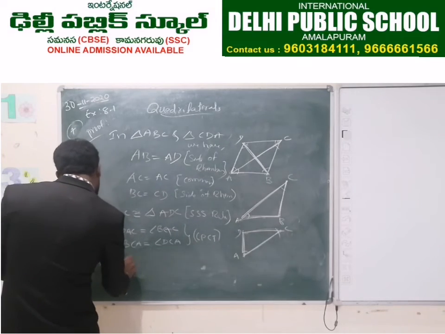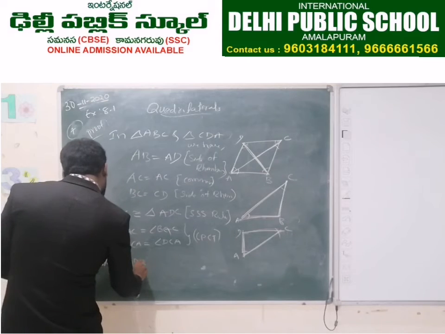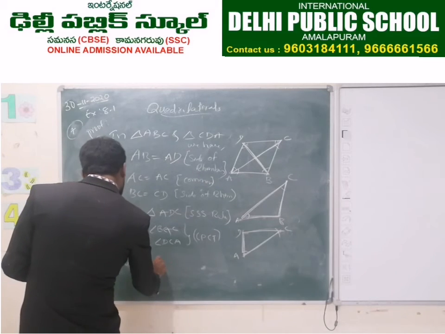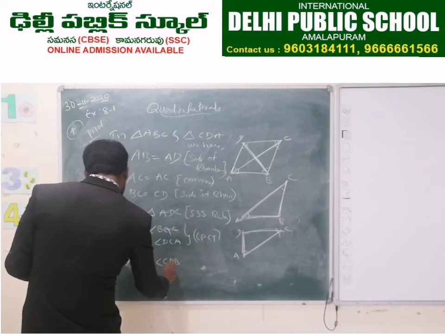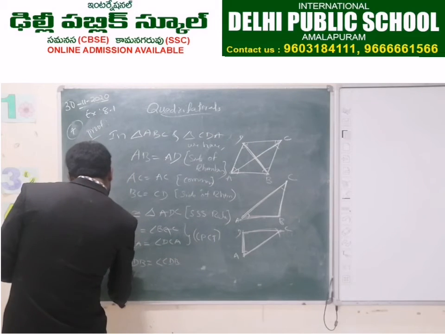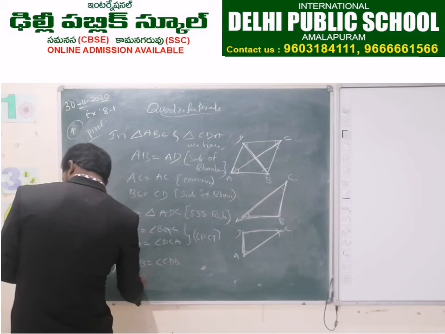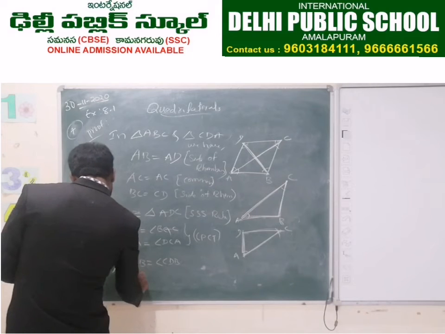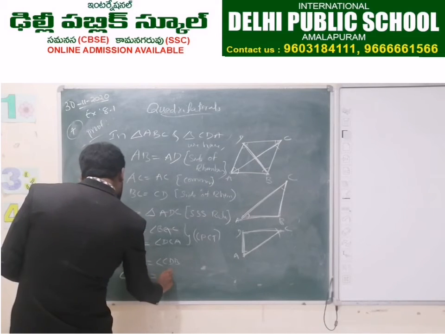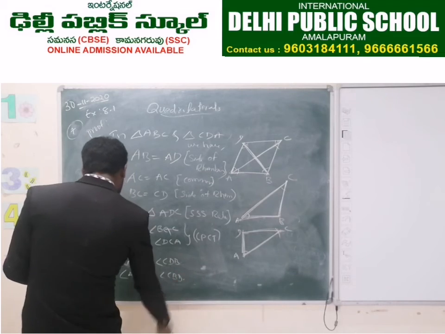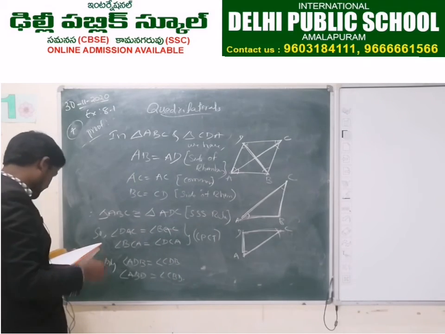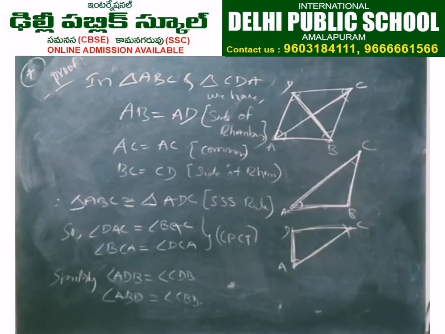Similarly, angle ADB is equal to CDB. Then ABD is equal to CBD. Clear?